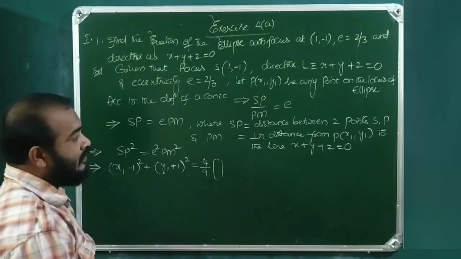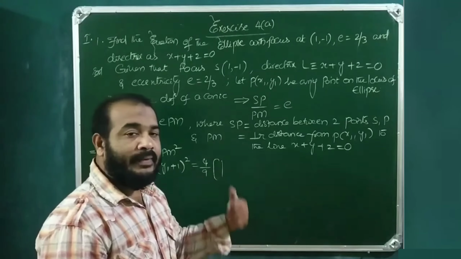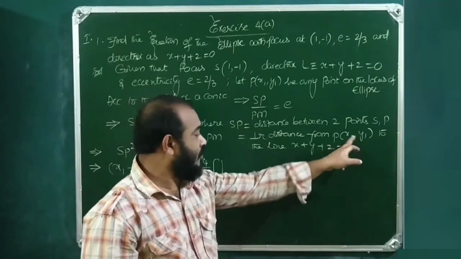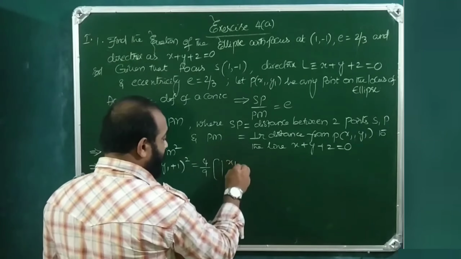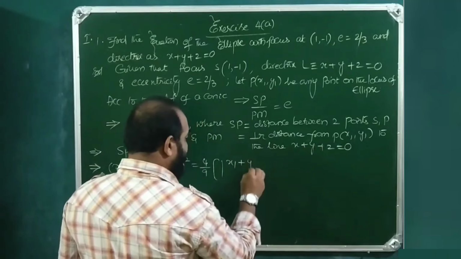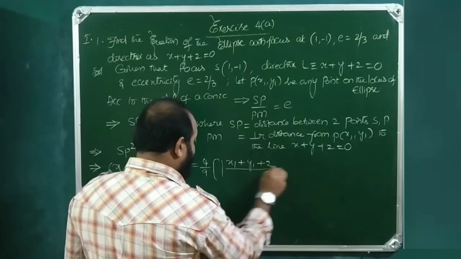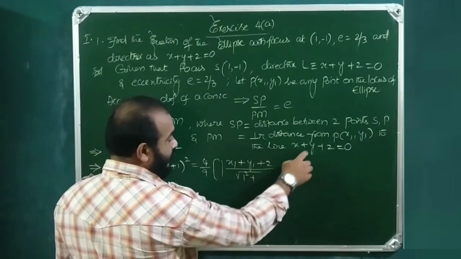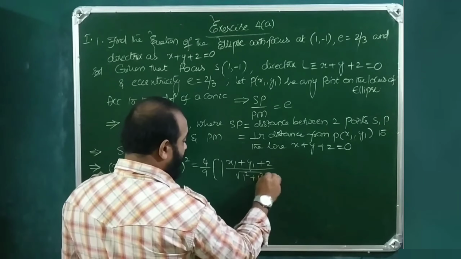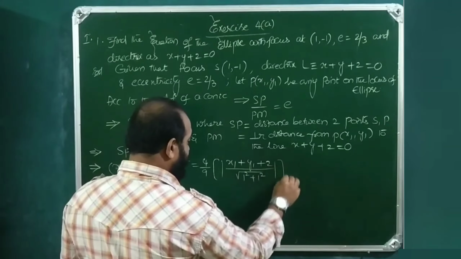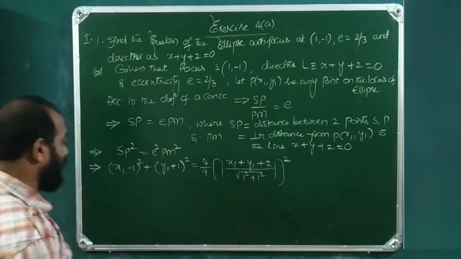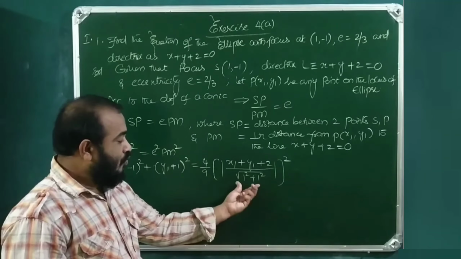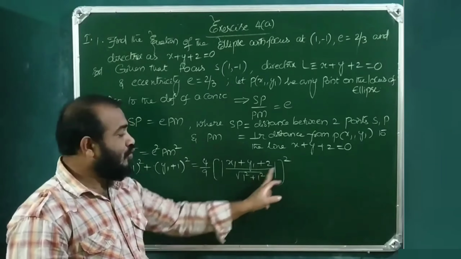PM is the length of the perpendicular distance from the point P(x1, y1) to this line: |x1 + y1 + 2| over the square root of 1² + 1², the whole square. That is (1 + 1) = (√2)², which is 2.